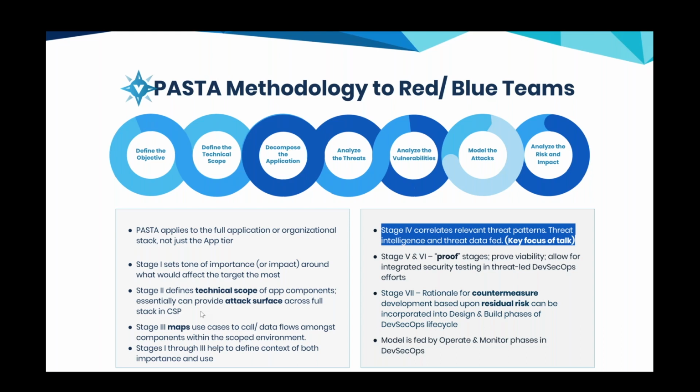And just really quickly, the first three stages of the process for attack simulation and threat analysis really are meant to define the context of importance around what's in scope. So, as an example, an oil production company, their main thing is research, the confidentiality of research of what they find in terms of new places to drill, as an example, as well as continuity.